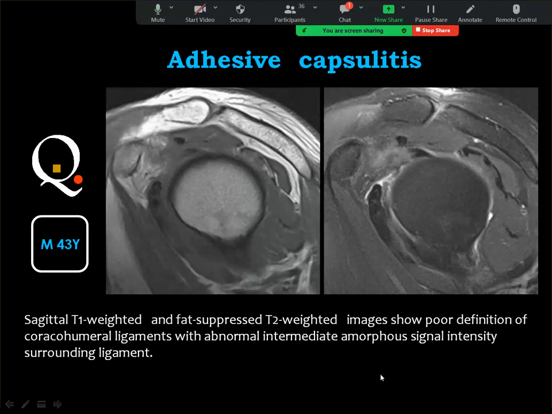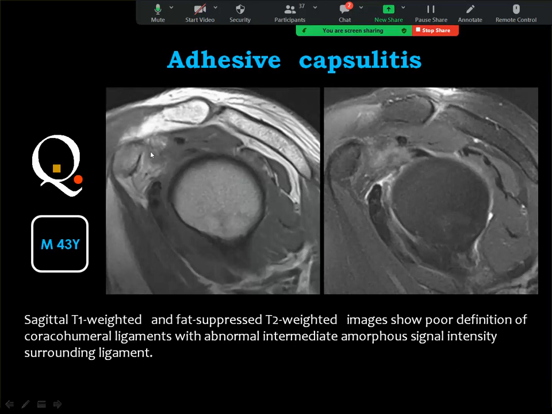And usually with patients with adhesive capsulitis, whenever they are examined by MRI, we concentrate on the inferior glenohumeral ligament in the coronal image. But we usually forget to look at this site, which is more pathognomonic for the diagnosis of adhesive capsulitis.